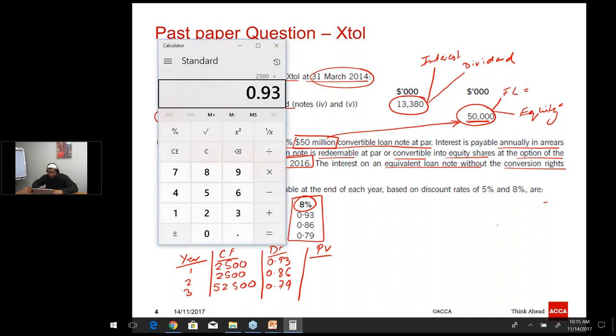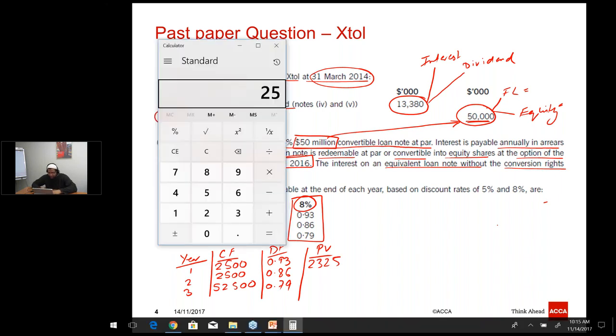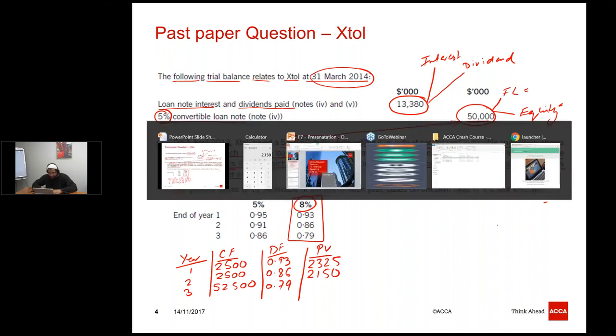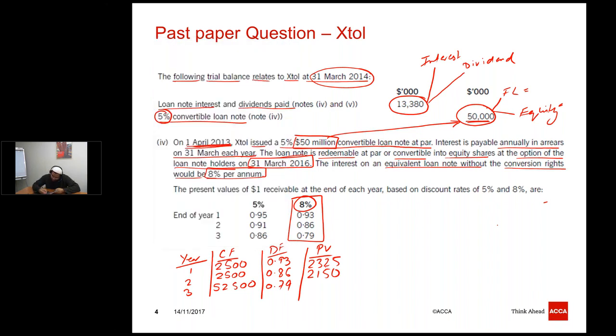So the present value of these is going to be 2,500 into 0.93, which is 2,325. And then 2,500 into 0.86, which is going to be 2,150. And then we have 52,500 into 0.79, which is going to be 41,475.